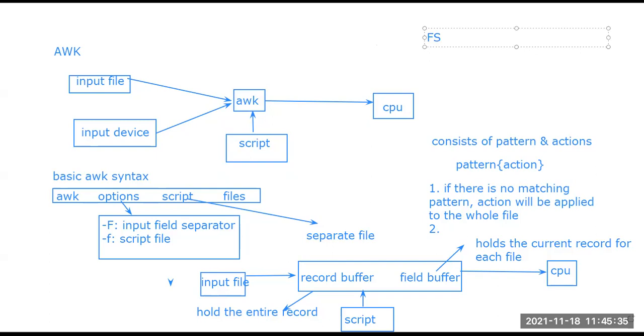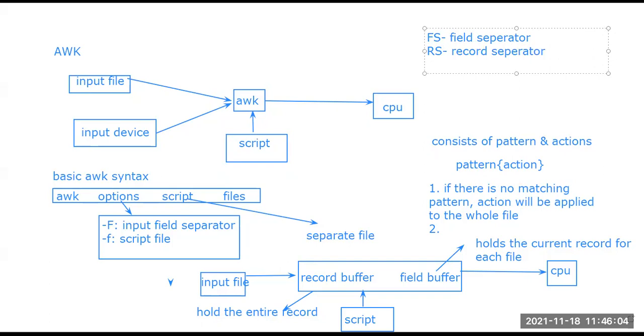The full form of FS is field separator. Then after FS, we have another system variable called RS, the record separator. FS for field separator, RS for record separator.